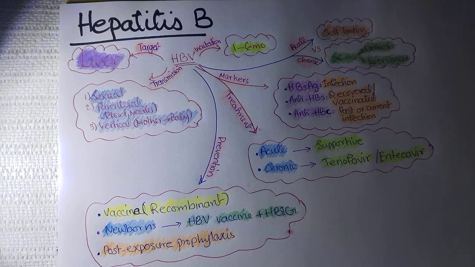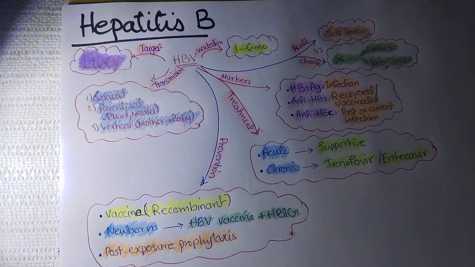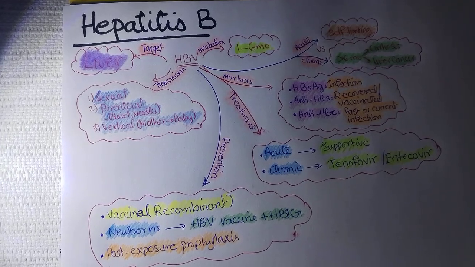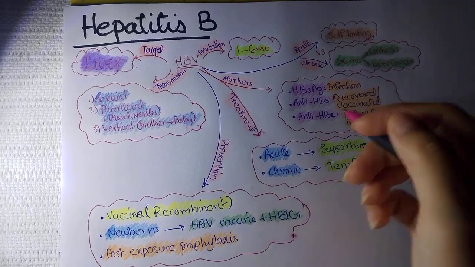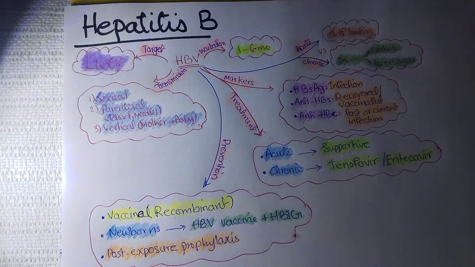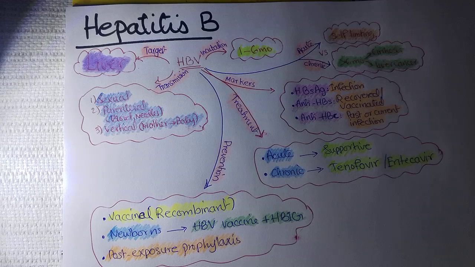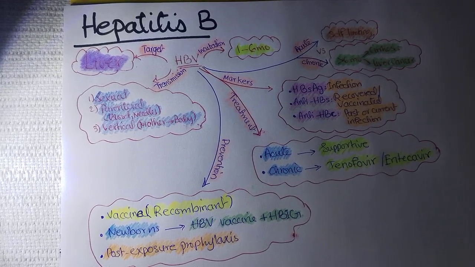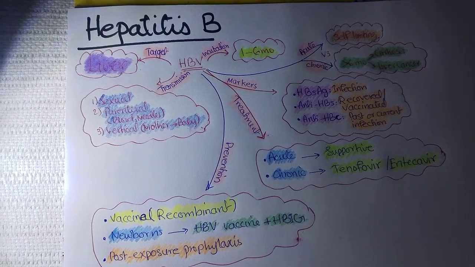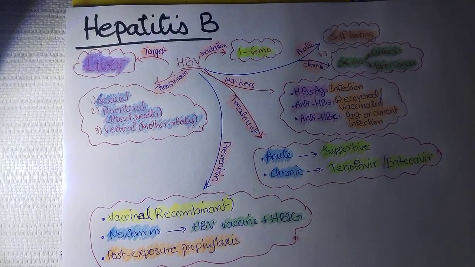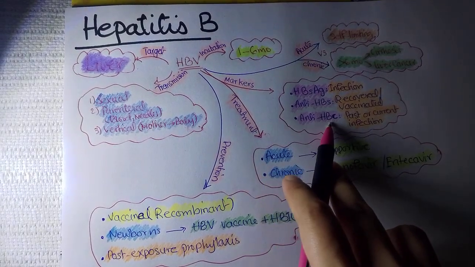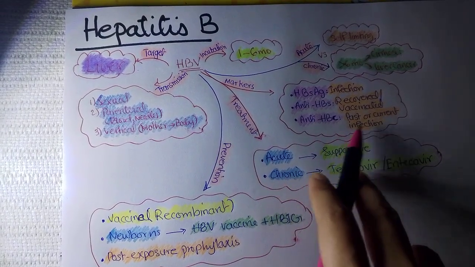So how can we diagnose hepatitis B? We use a blood test. Just remember 3 key markers. Surface antigen indicates that infection is present, surface antibody indicates recovery or vaccination, and core antibody indicates past or current infection.